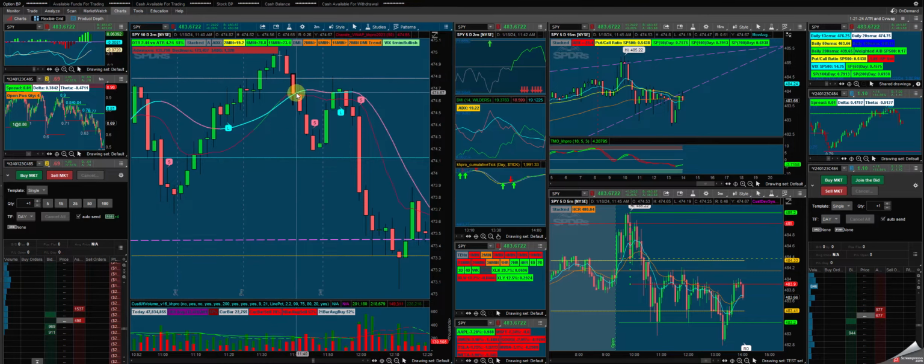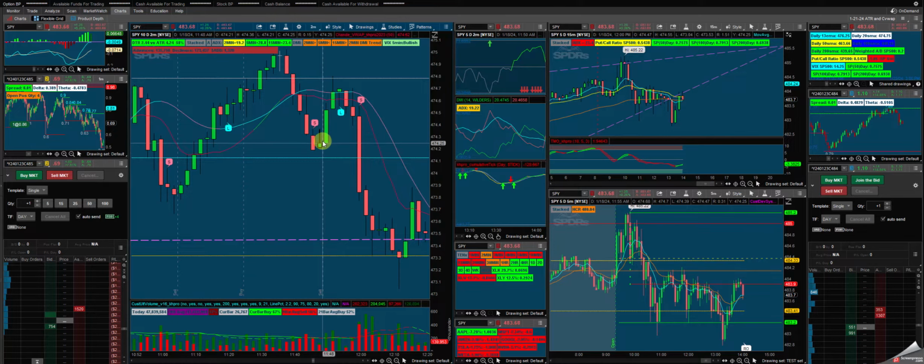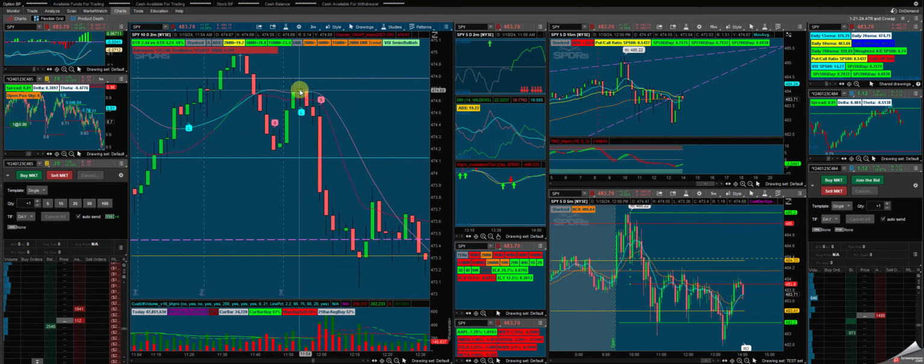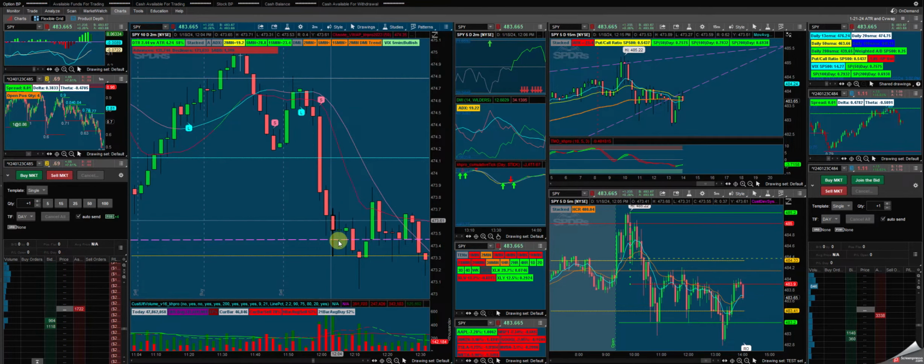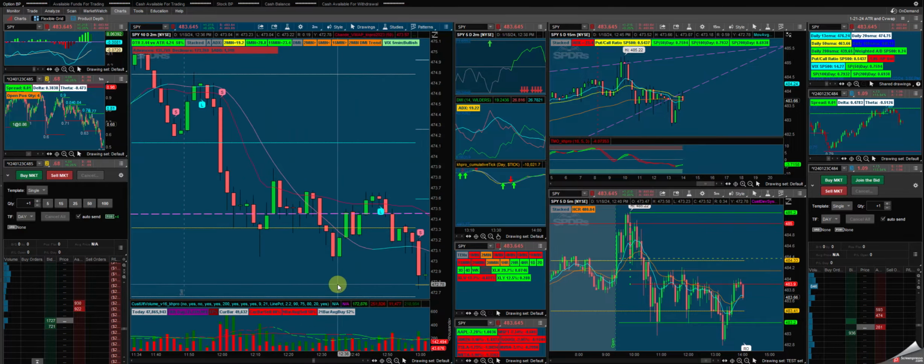And yet again, a close below both lines. Same thing here. We get a close above both lines, but that trade is obviously a dud because it goes right back down. But the very next candle, we get a close below both lines, so we could have gone short and ridden the bejesus out of that one.